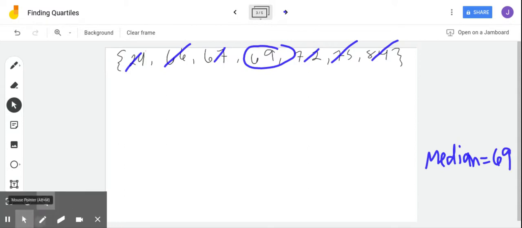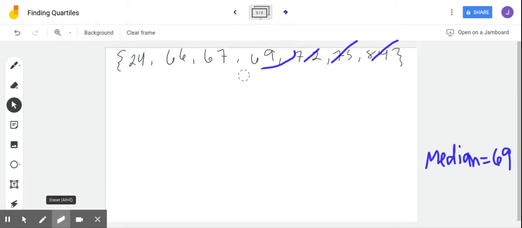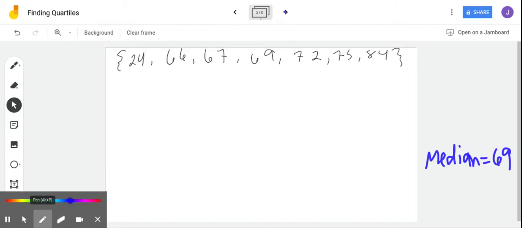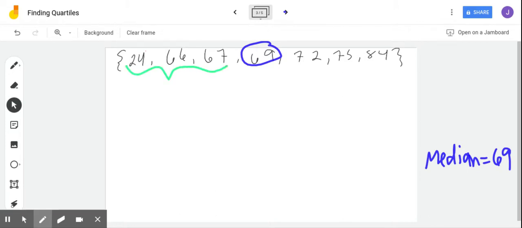So then let's find the lower quartile. Let's erase these. The way we find the lower quartile is by taking the bottom half. So there's our median. Taking the bottom half of the data, let's say right here is the bottom half, and finding the median of that. So we have 24, 66, 67. That's the bottom half, and the median of that is 66.